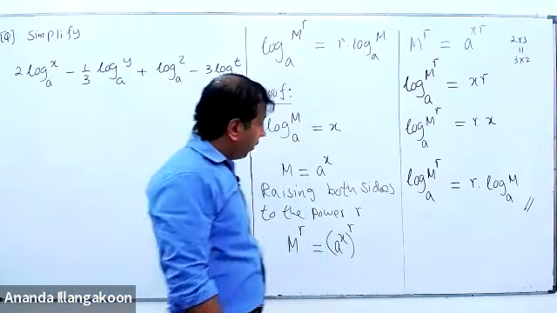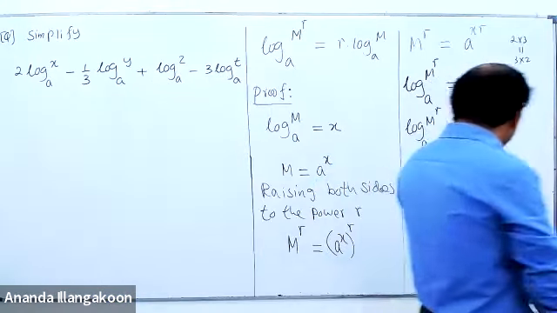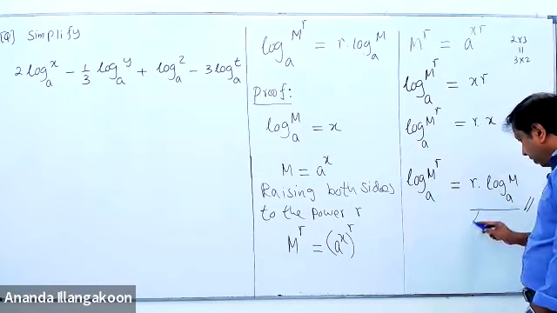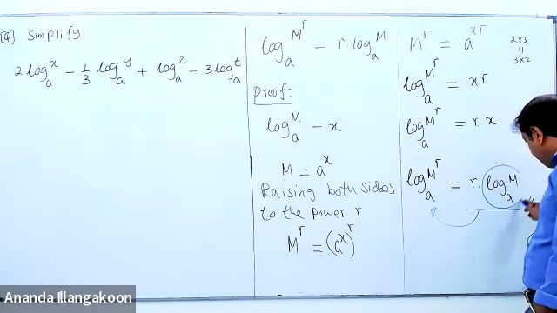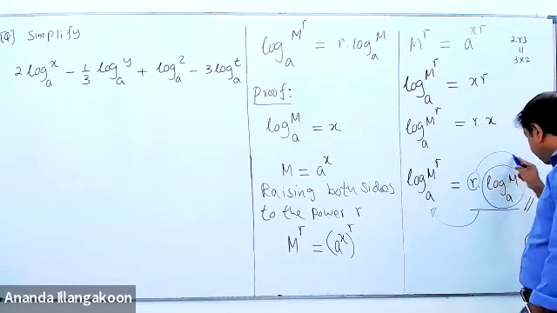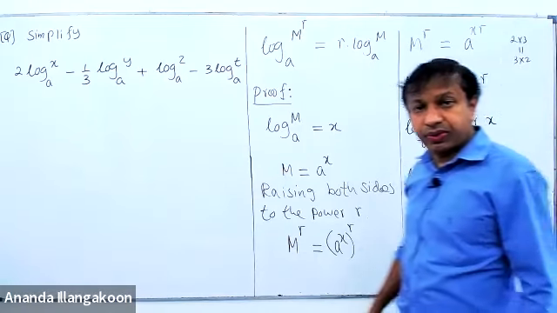Now the converse of this law only, this time we use. Converse means what, people? From the right hand side we write left. Right hand side, before this log term we have a coefficient that you can bring as the power of m. This way to write. Understood?